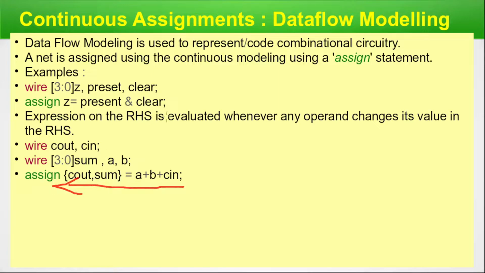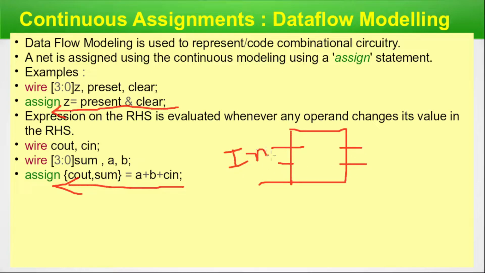The arrow is going to the left hand side, and here it is also from input towards the output, and the arrow is to the left hand side. From the right hand side it is evaluated and the value is assigned at the left hand side. So the data flow for a circuit, when we draw it, has in here and out on the right hand side, this is in and this is out.